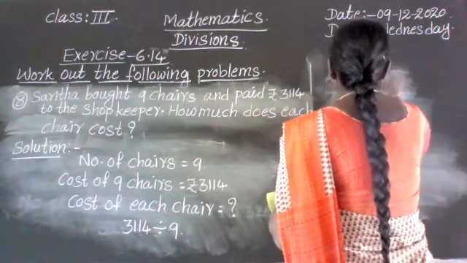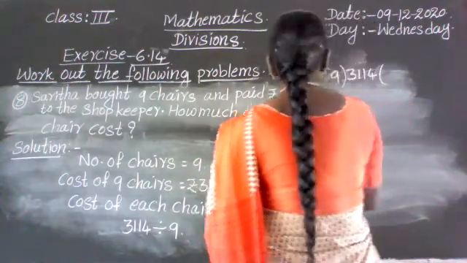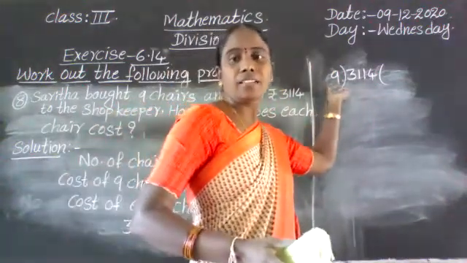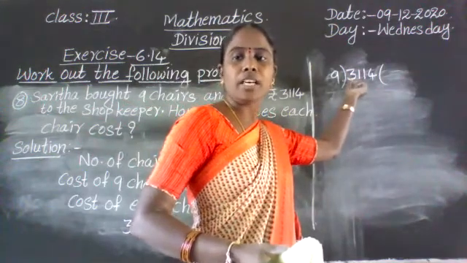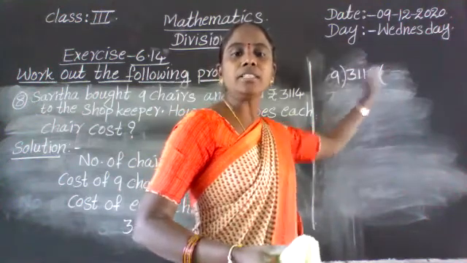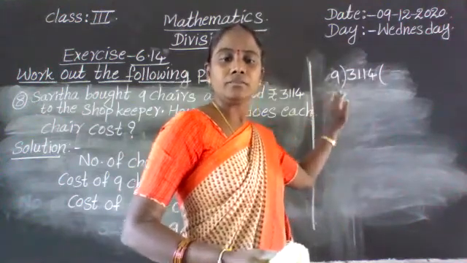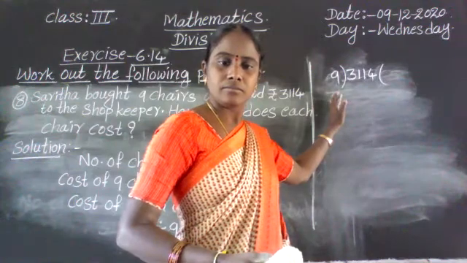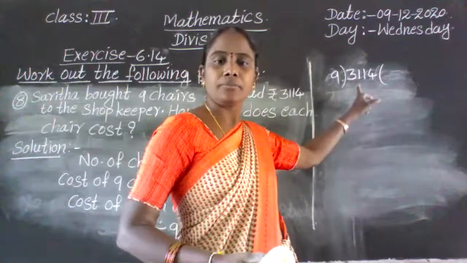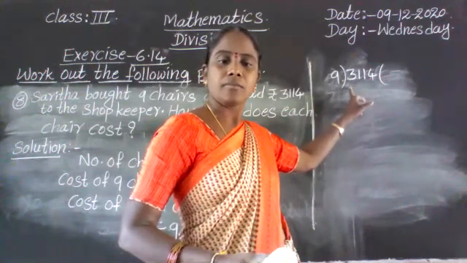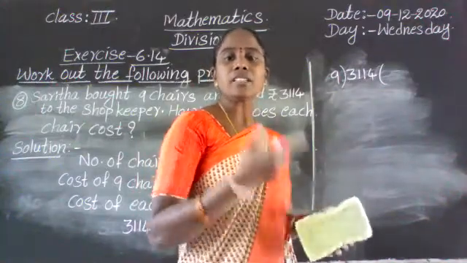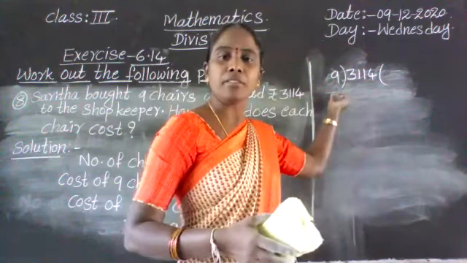3,114 divided by 9. Here also in this division, 3 is less than 9. So we have to take a 2-digit number. 31 divided by 9. What is the quotient? To 31, the nearest and smallest number in the table, which number is it?